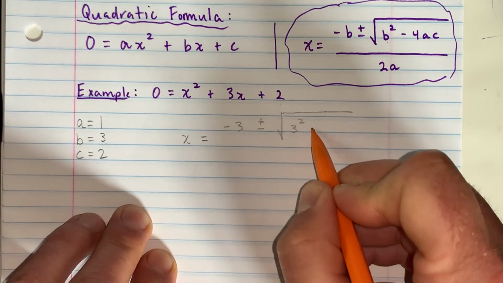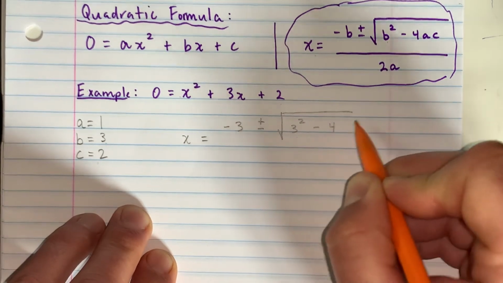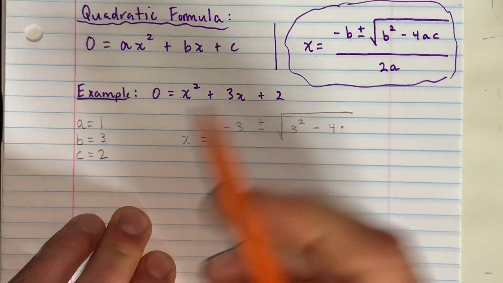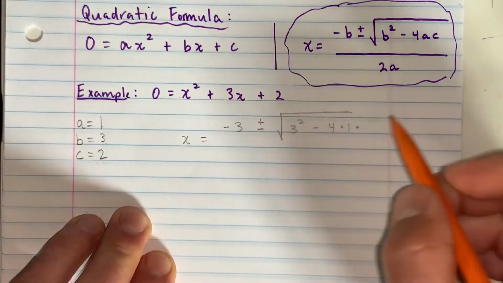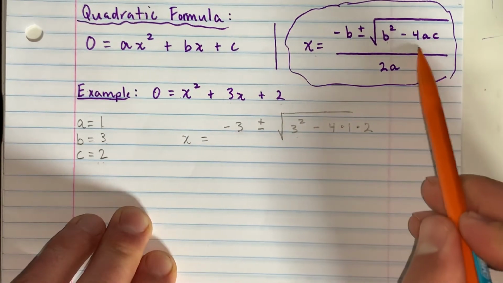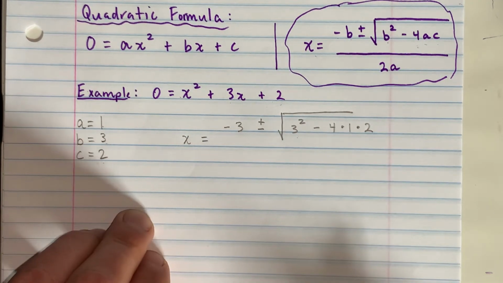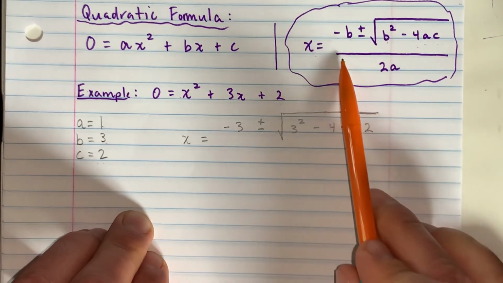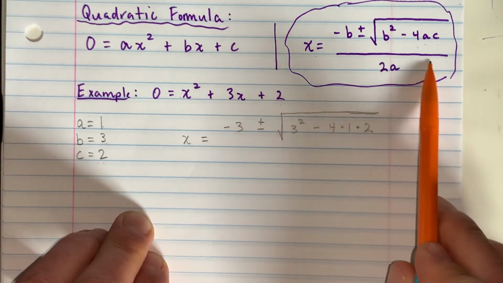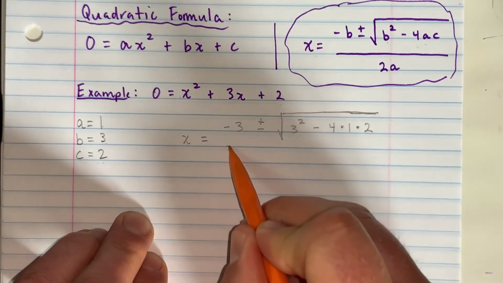It shortens it up a little bit, but I'm going to write everything out. Minus 4 times A, 1, times C, which in this case is 2. So 4AC, 4 times A times C. It's all under a square root symbol. And then notice how this fraction bar goes across underneath everything. So everything is divided by 2A.